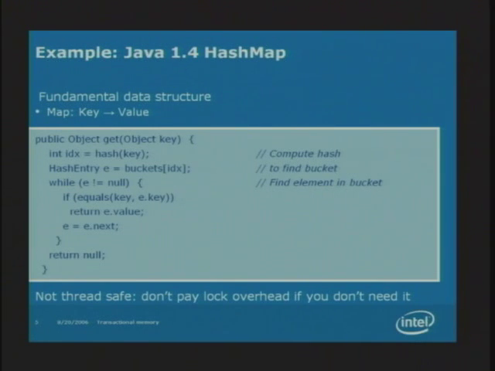So the basic implementation of hash map in the Java 1.4 libraries is actually not thread safe. So you can't take this data structure and use it in a multi-threaded environment. The reason they did this was to not force the programmer to pay the overheads of locking if they don't need to use this library in a thread-safe environment.